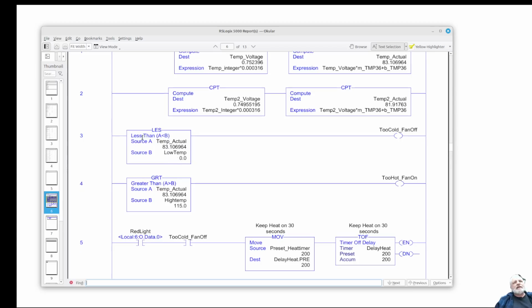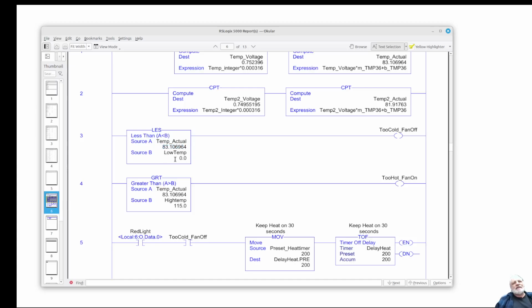All right, so here's an example of a computation where I have my actual temperature. So I've scaled my temperature, and it's at 83.1 degrees Fahrenheit.